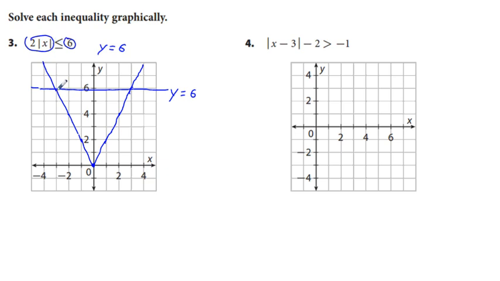Well, it's going to happen right here between x equals -3 and 3. And in fact, what I'm going to do here is I'm just going to put the coordinate pair here. I'll put -3, comma 6, and on the other side we're going to have 3, comma 6.